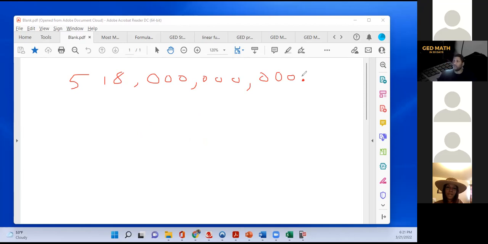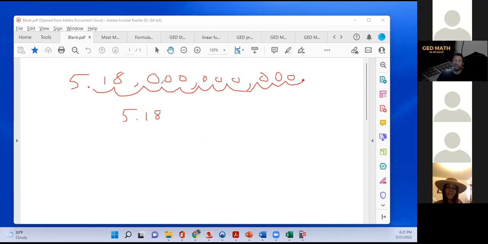So now, 1, 2, 3, 4, 5, 6, 7, 8, 9, 10, 11. I had to move my decimal 11 places for me to only have one digit in the ones place. So this will be 5.18.